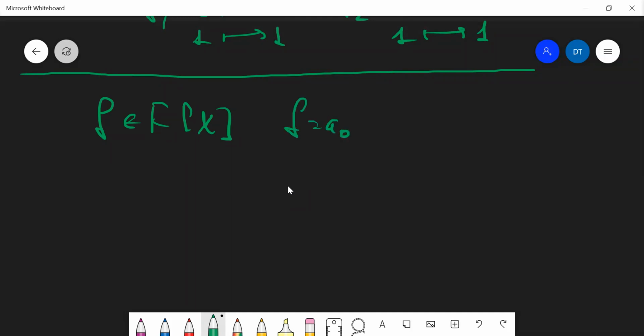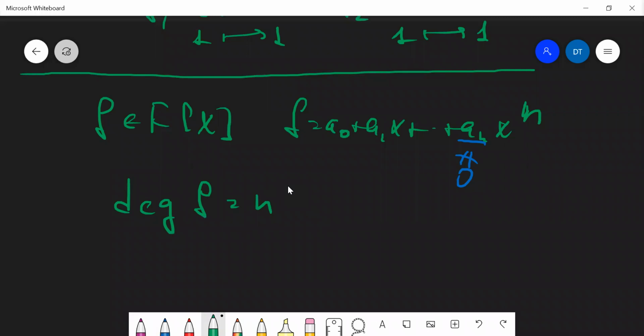So this is a picture of this form. And suppose that this coefficient is not 0. Then by definition, I will say that the degree of this polynomial is n. So the degree is the largest degree of the variable with non-zero coefficient.